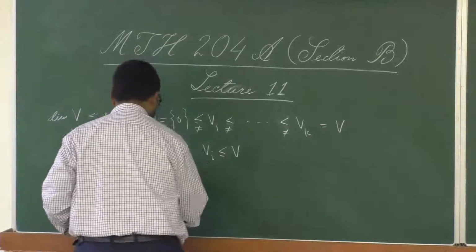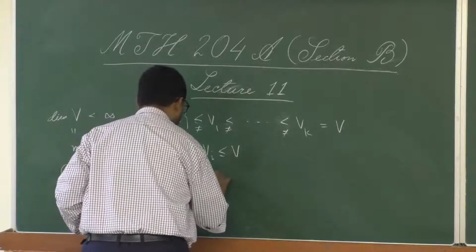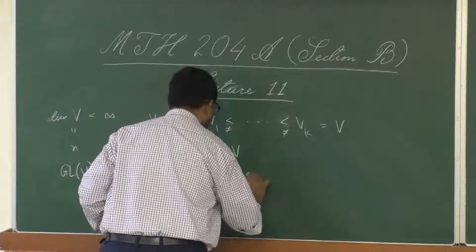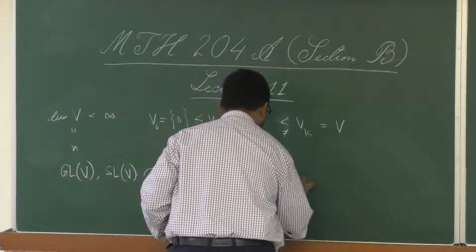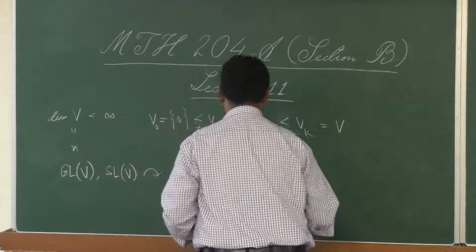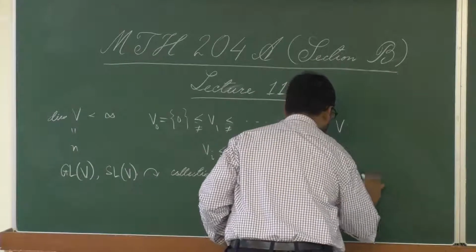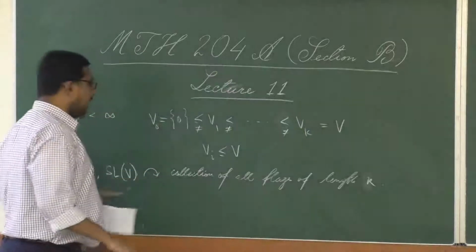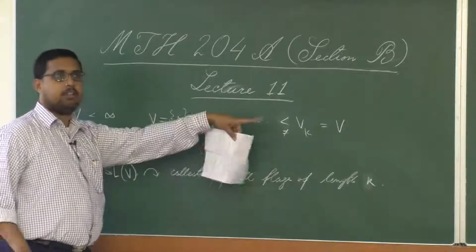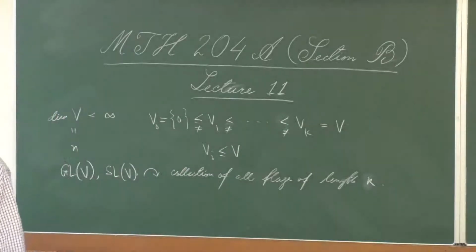Fix any k, and take the collection of all flags of length k. Once you apply a linear operator, the containment is preserved and the dimension is also preserved, because you are dealing with invertible linear maps.